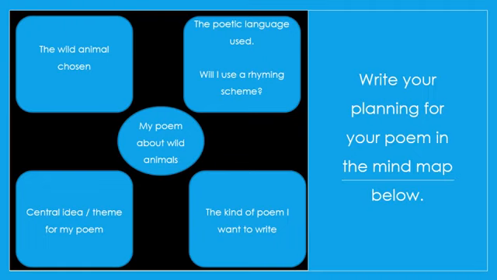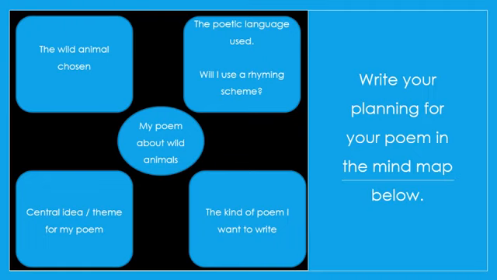Okay. Then let's go to the block in the bottom left. What is the central idea or theme for my poem? So I told you I was going to write about the terrible toothless tiger. So my theme is going to be about how he lost his teeth. Okay, so that's just an example. And then the kind of poem I want to write, there are many different kinds of poems.